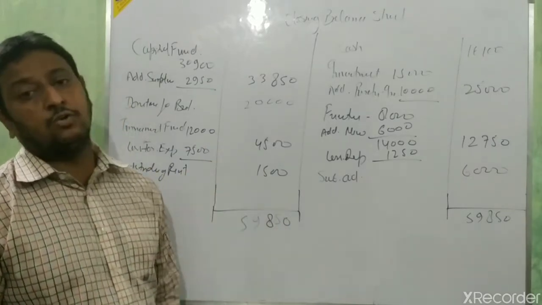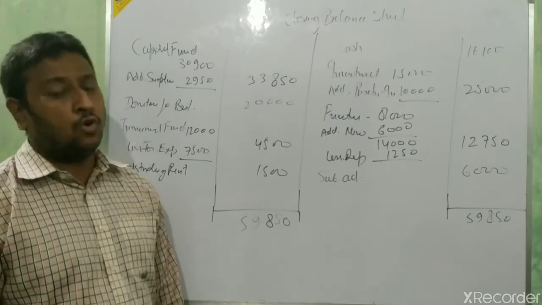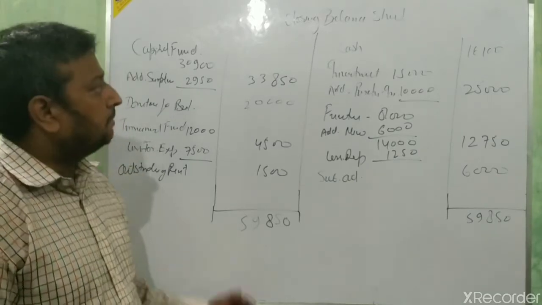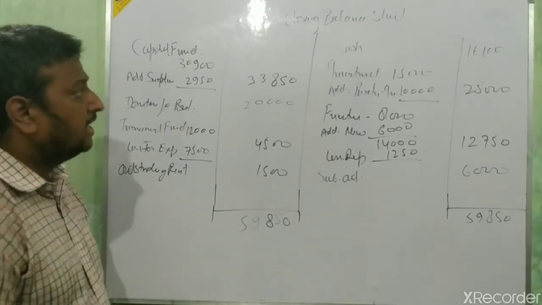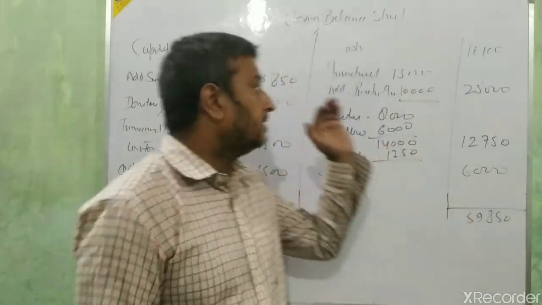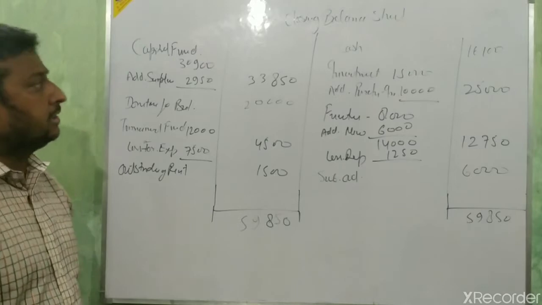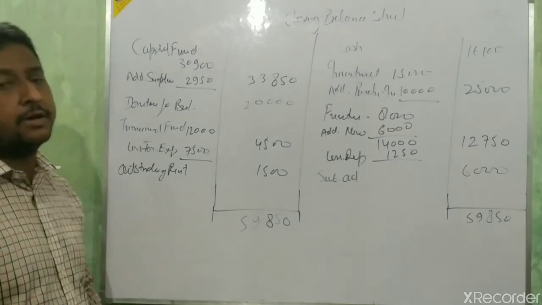Then we make the opening balance sheet from the old year or last year data, taking the old balance sheet, and then we make the closing balance sheet, and both sides come equal.